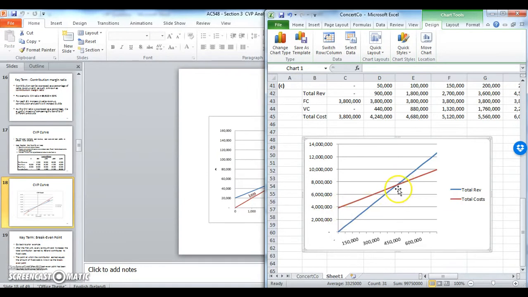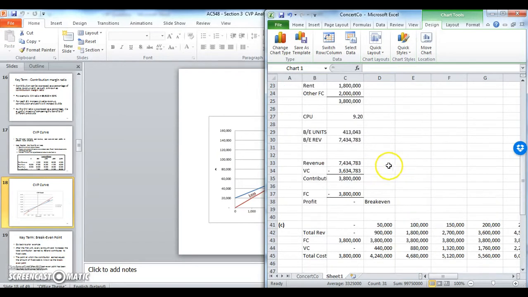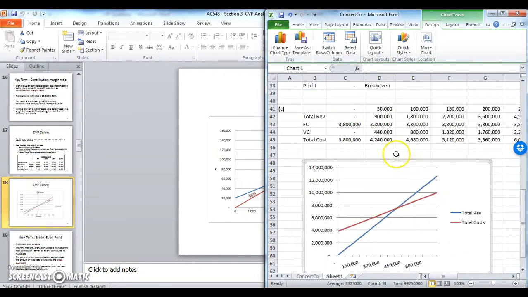And one of the most important points here is, here's your break-even point. Your break-even point here is ballpark around your 450 mark. Now our calculation was around 413, so we know graphically you're not going to get it exact, but you can make it out here.